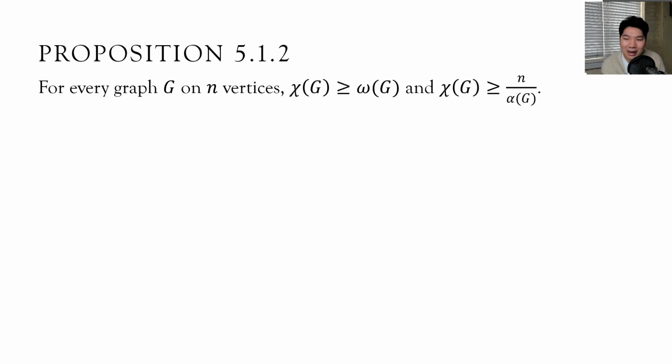And I have that chi is always greater than or equal to the number of vertices divided by alpha of G. Again, remember that alpha of G is my independence number. If I take all the independent sets of my graph G, alpha is the largest independent set. So why is this true? Just going through the proof very quickly for us.